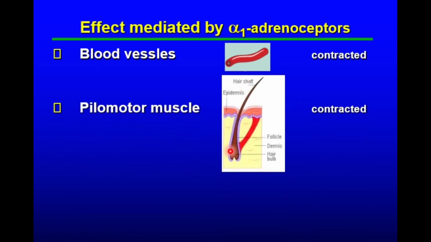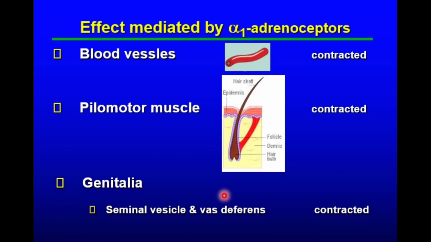Pilomotor muscles are responsible for the attitude of the hair shaft. They receive only sympathetic innervation. Noradrenaline evokes muscle contraction and the hair shaft stands up. In furry animals, the pilomotor muscle plays an important role in thermoregulation.